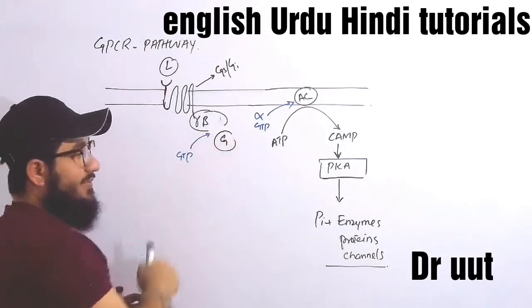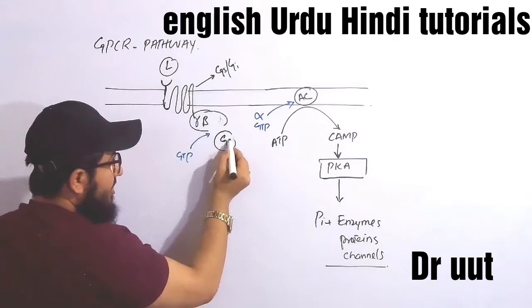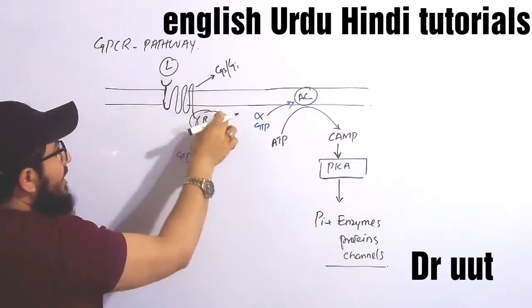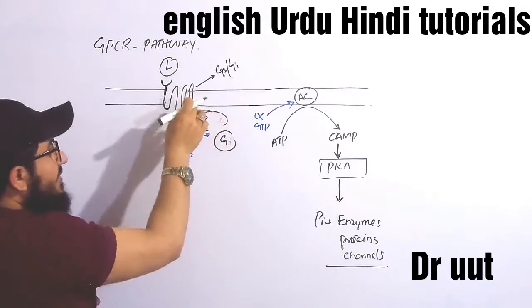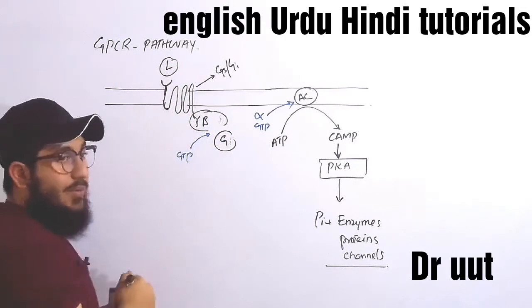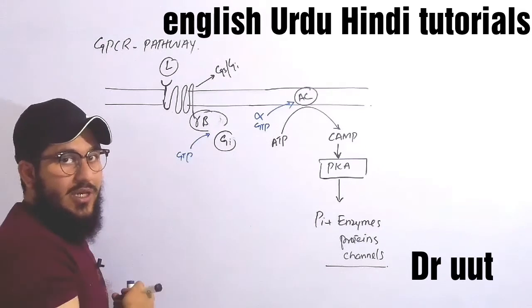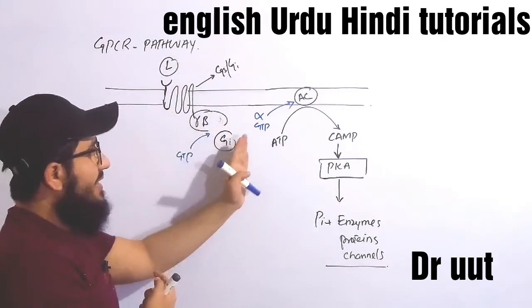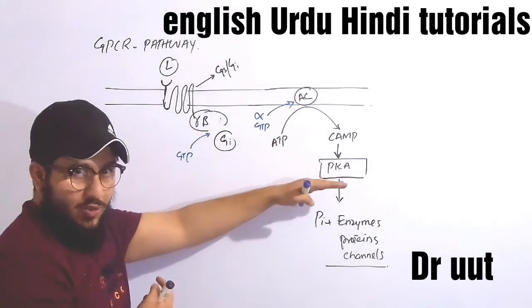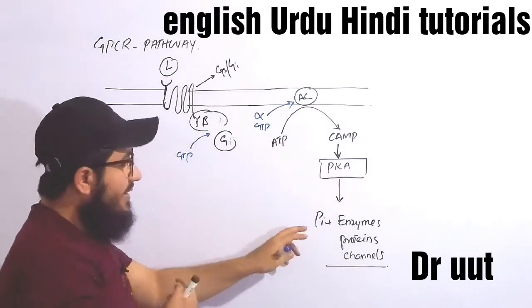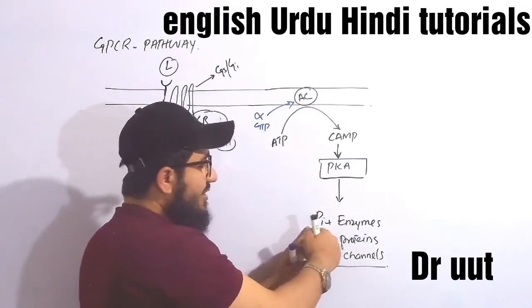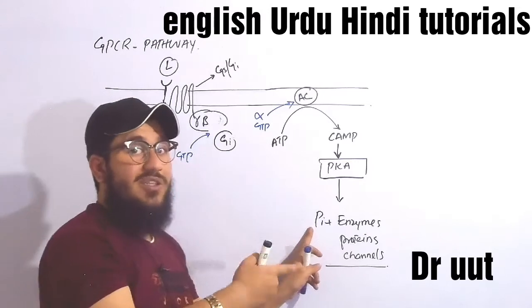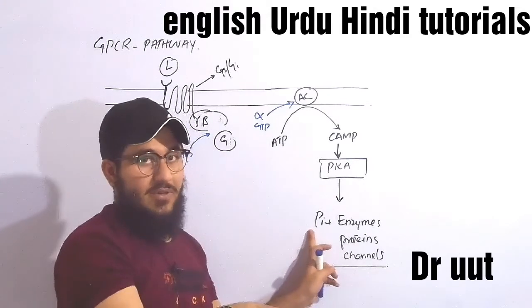And if the signal is not from the GS but from the GI, which means the G protein is now GI coupled with the receptor, and this GI coupled receptor is stimulated by any ligand, what will happen? You know, I is inhibitory, S is stimulatory. Now this GI coupled receptor will send the signal inside, and this is also supposed to do the phosphorylation. In this case, when phosphate is added to these enzymes, proteins, or channels, they will become inactive. Why?